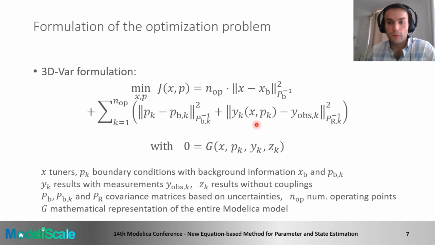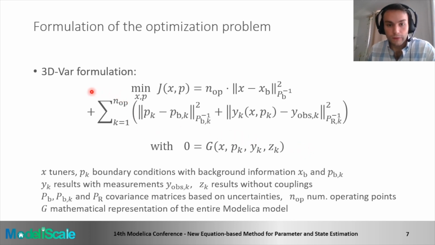So, for example, if we want to be close to the observations, we will give a high weight to this difference, and this is done by giving a low uncertainty to this difference. But we can see this better in the example.